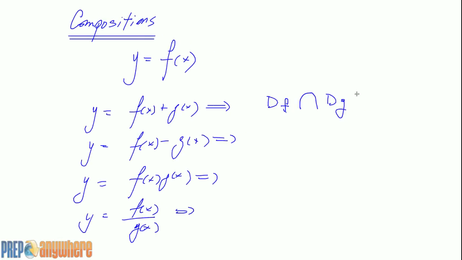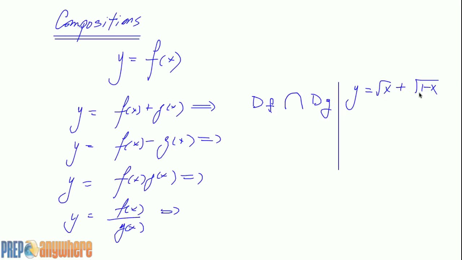So let me give you an example here. Let's say we have y is equal to root of x plus root of 1 minus x. You can think of this function as a sum of two functions.